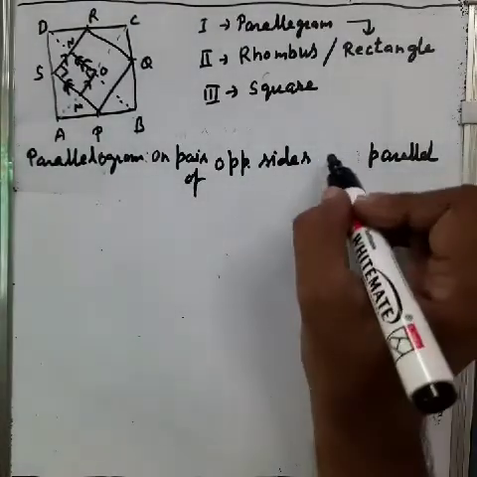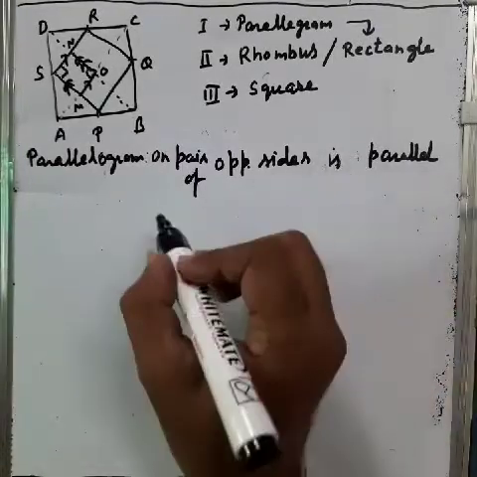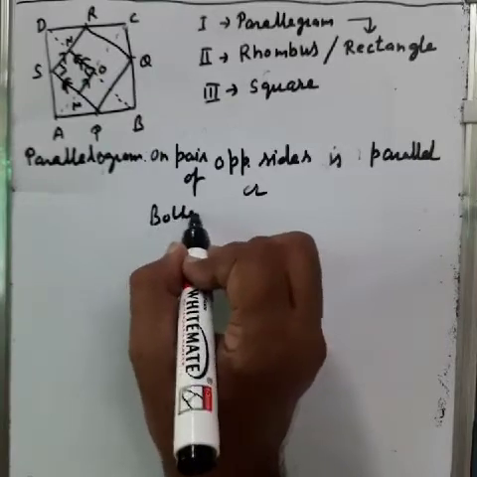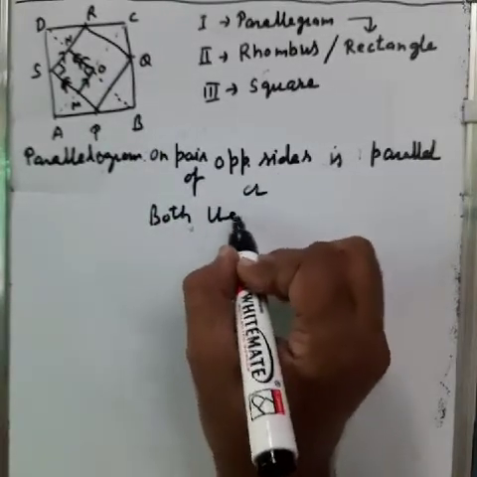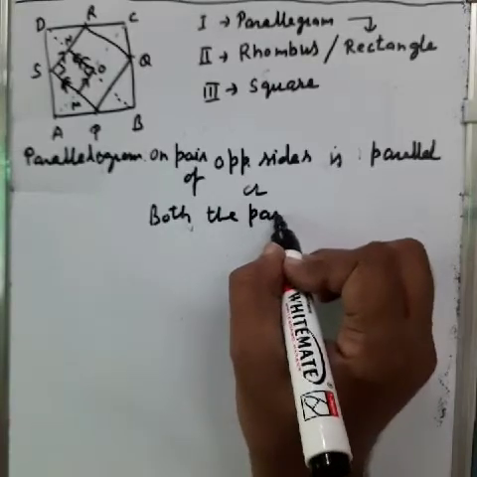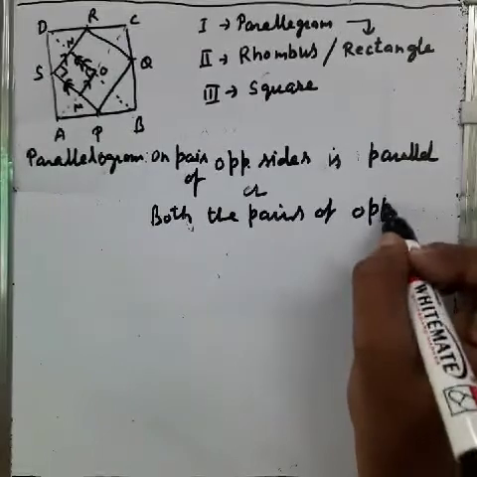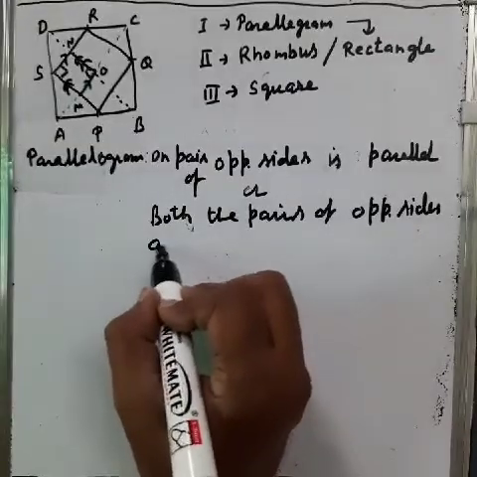One pair of its sides is parallel, or you prove both the pairs of opposite sides are parallel.